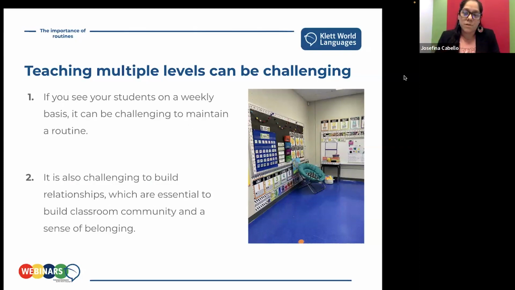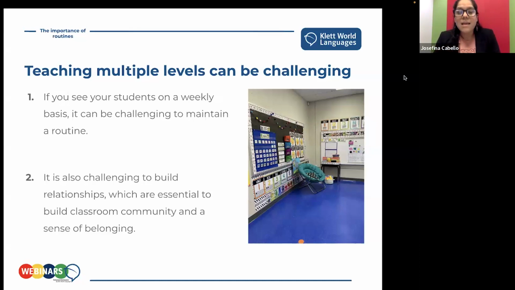if you teach multiple levels, like if you are a teacher who sees kindergarten, first grade, second grade, you don't have just one group of students, it can be a challenge teaching multiple levels. If you see your students on a weekly or bi-weekly basis, it's challenging to establish a routine.